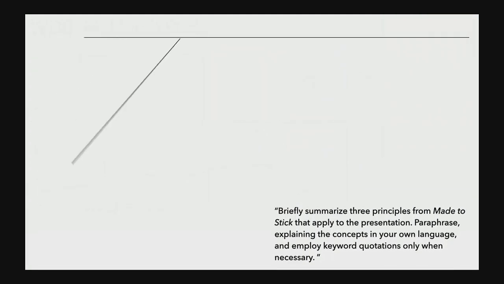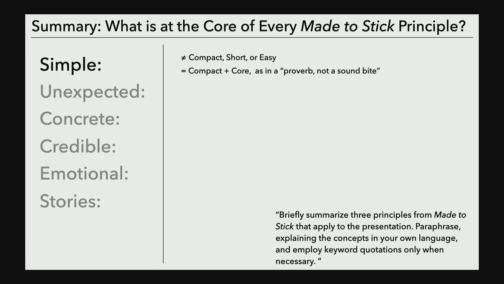So we looked at this idea of simple, and we've talked about it, I think, twice already. Just very briefly, it's not compact, short, or easy, and it's more like compact and core, as in a proverb, not a soundbite. So there's a 5-word definition from the text of Made to Stick that captures the essence or the core of this principle.